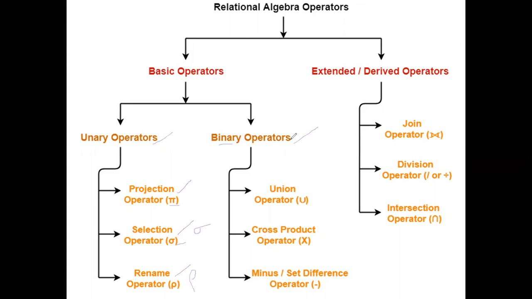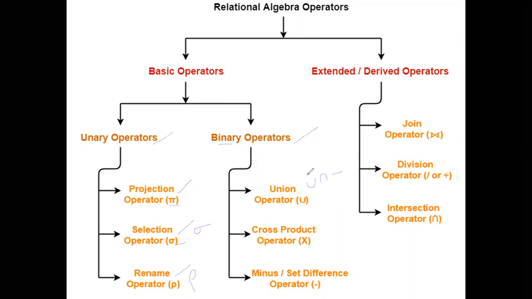For binary operators, we have the set operators like union, intersection, and set difference. These are binary operators because when we want to perform a union operation, we need a minimum of two sets.